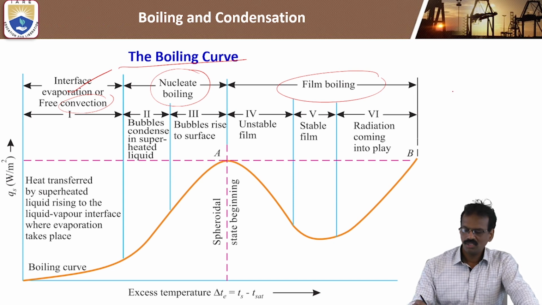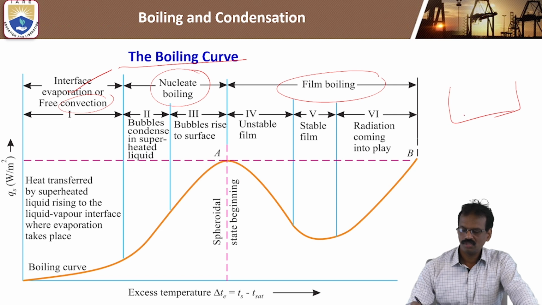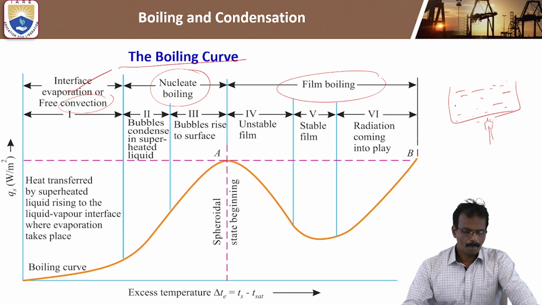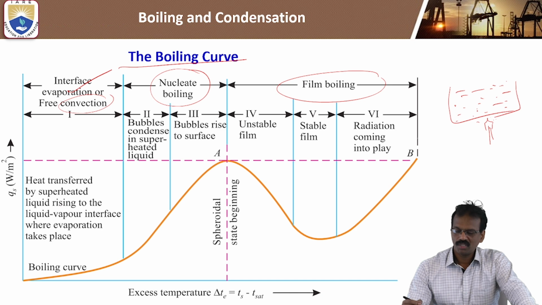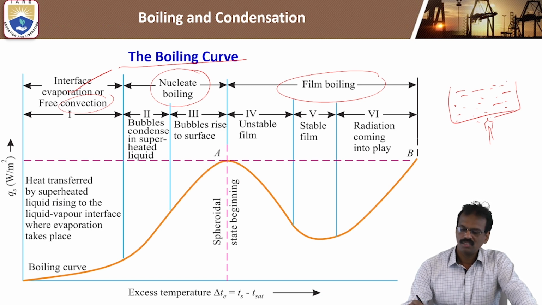Here, just like this is the container, water is placed here, and the flame is like this. In the evaporation or free convection process, when the particles are heated, the density of those particles will decrease, because density rho is directly proportional to temperature.